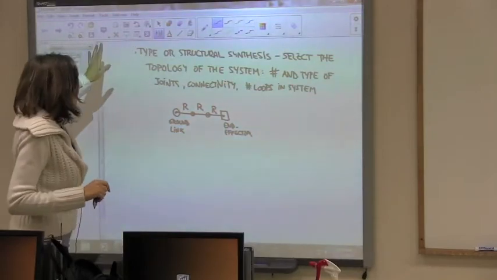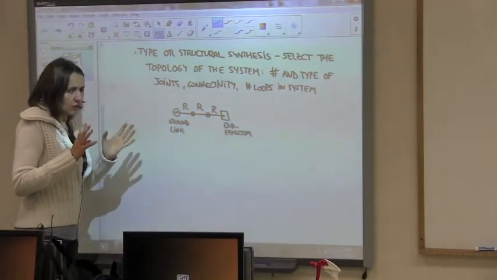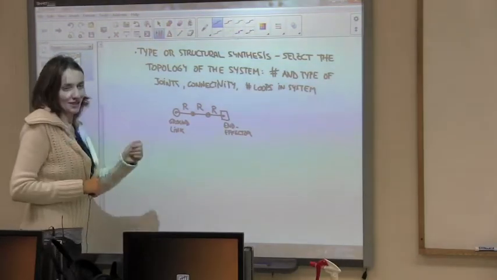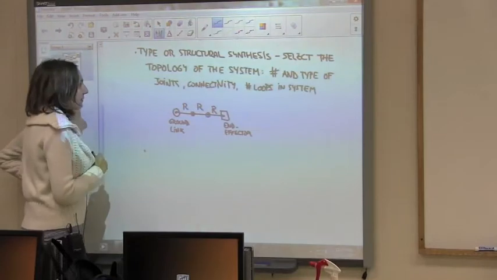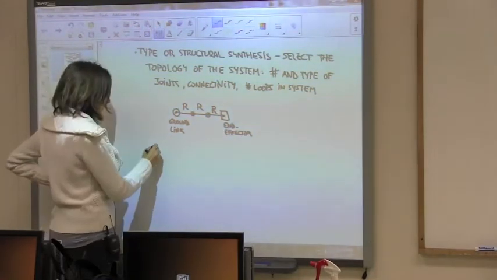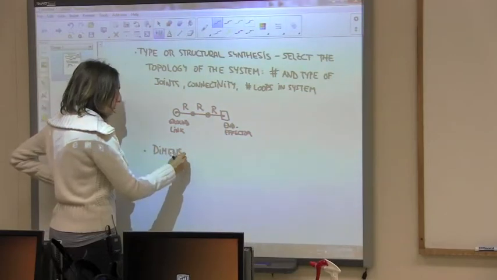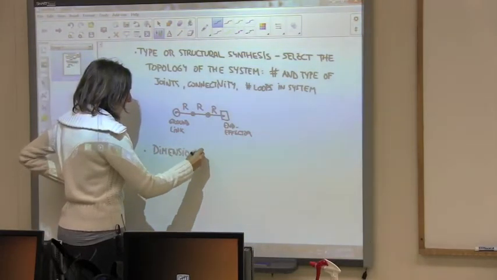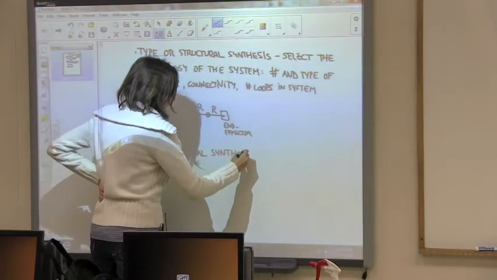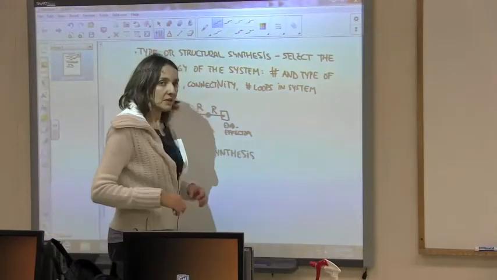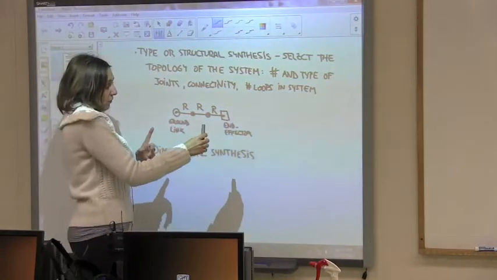You cannot avoid it. But then once you have selected the topology, more or less, and it seems that it is going to work, you have to do the next step, which is the dimensional synthesis. Now you have to actually give dimensions, locate your joints, basically. That means, now you know that this robot has 3 joints.